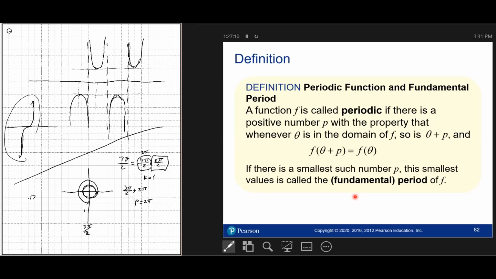So what if I had 17 pi over 3? Since my denominator is 3, 2 pi would be 6 pi over 3, going around the circle once. If I multiply this by 2, that would give me 12 pi over 3. If I multiply by 3, that would give me 18 pi over 3.